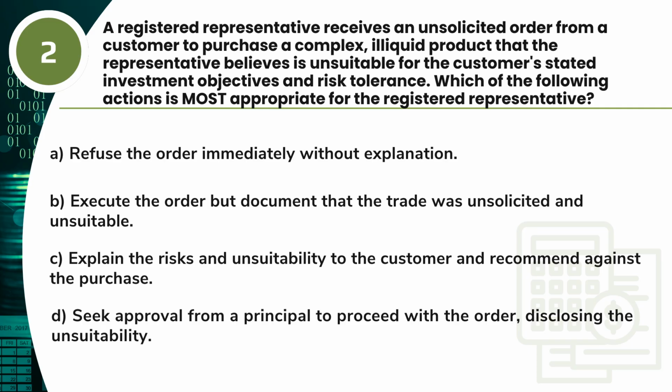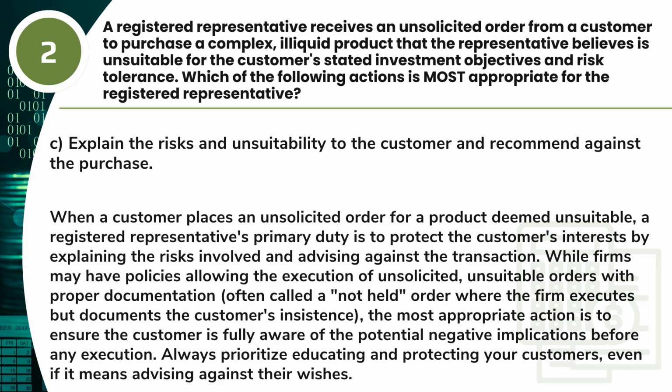B. Execute the order but document that the trade was unsolicited and unsuitable. C. Explain the risks and unsuitability to the customer and recommend against the purchase. D. Seek approval from a principal to proceed with the order, disclosing the unsuitability. Answer: C. Explain the risks and unsuitability to the customer and recommend against the purchase.